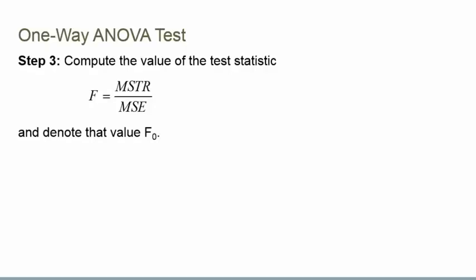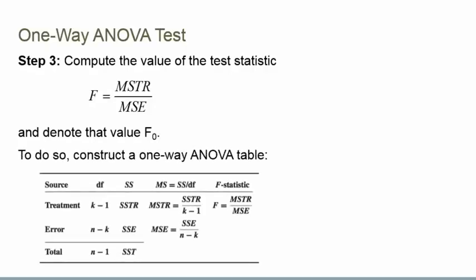To do so, construct a one-way ANOVA table where we have our source, degrees of freedom, sample size, MS, which equals SS divided by DF, and the F statistic. The treatment: k-1 for my degrees of freedom, SS is SSTR, MS is MSTR equals SSTR divided by k-1, and our F statistic, F equals MSTR divided by MSE.